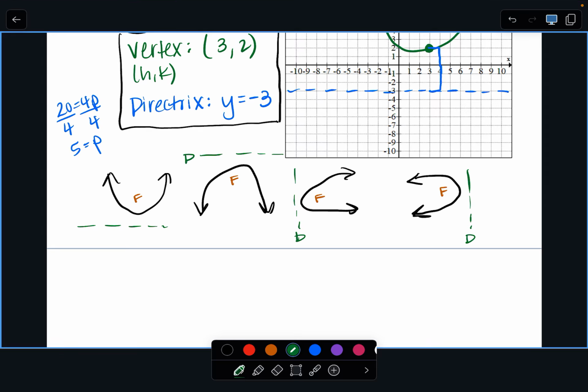That can show you the direction of where they should be. And then the vertex. The directrix is always outside of the parabola. The focus is inside the parabola. Every single time.